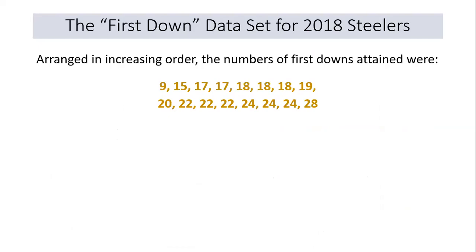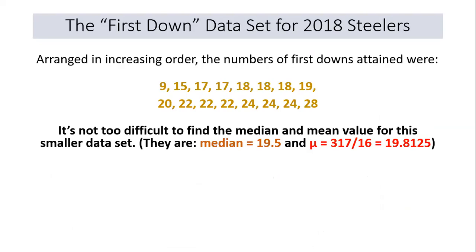And by inspecting the smaller data set, it's not too hard to see that the median value is 19.5 first downs, and the population mean, mu, ends up being 19.8125. Now that's a smaller data set, not too hard to find the mean and the median pretty readily with our calculators just by doing some additions, etc.